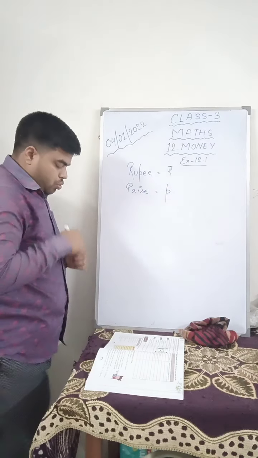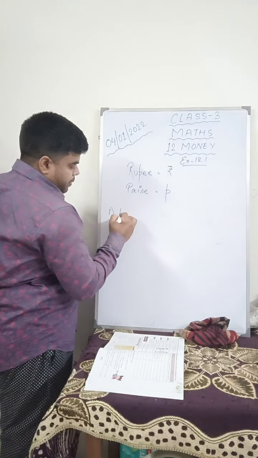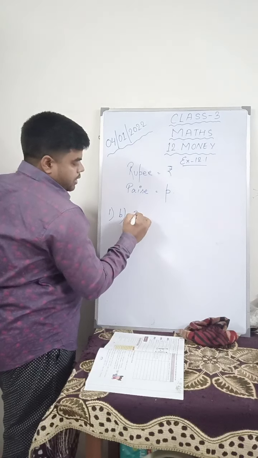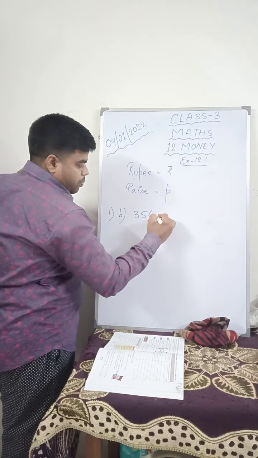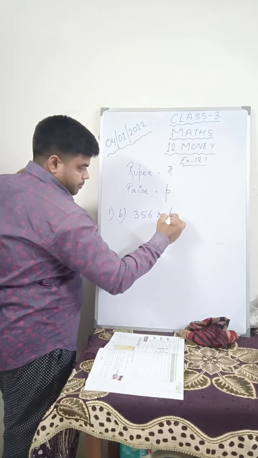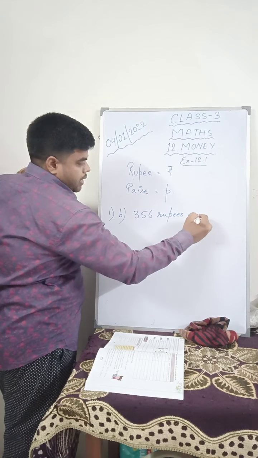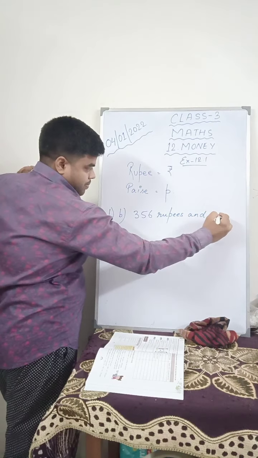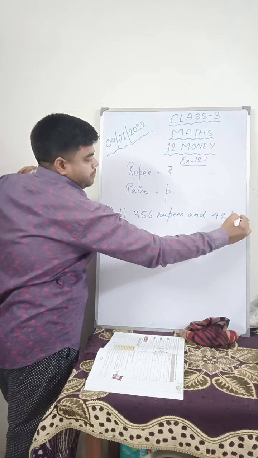So let us do number 1, B. In B they have said 356 rupees and 42 paisa.